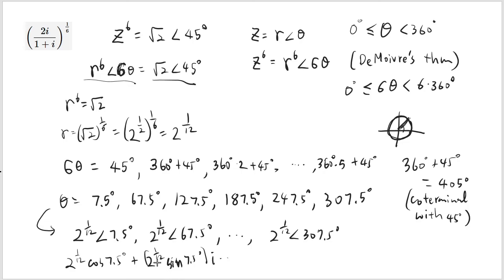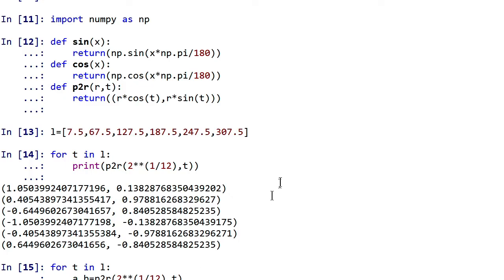But that's too much work, so I just made some Python programs to calculate it. So let me show you what I have. This is called Python language. I imported, well, you don't have to know this, but it's pretty cool to know because it simplifies stuff. So you import NumPy. I define the sine and cosine functions again because the NumPy package only has sines with radians.